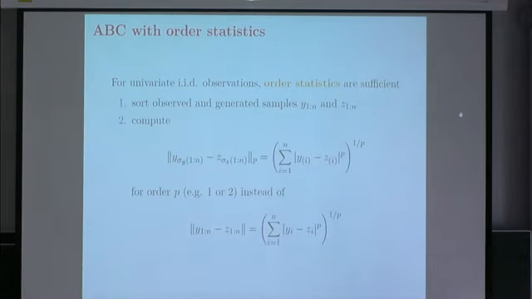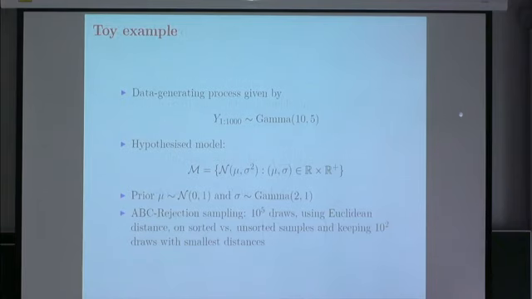And if we have a distance between the order statistics of y and z, with a distance of order p, we do have a substitute to the original Euclidean distance that removes a slight variability that is purely ancillary given the problem of inference. And so that's a possible choice that, I mean, still incorporates the variability of the data, so you may think it's too noisy. But this leads to an improvement, as shown in this toy example.